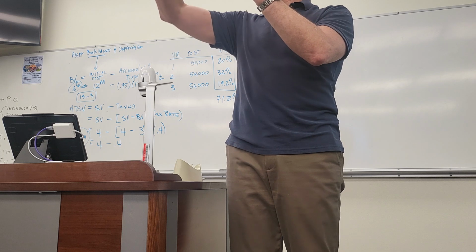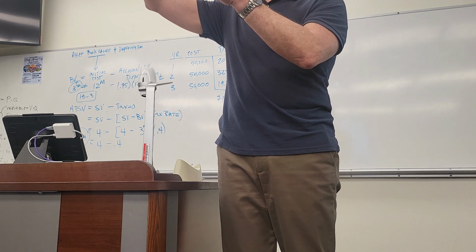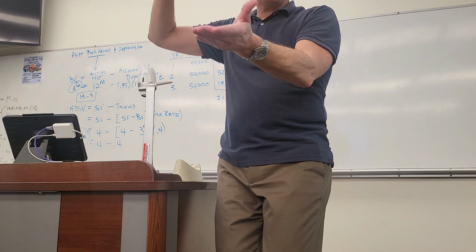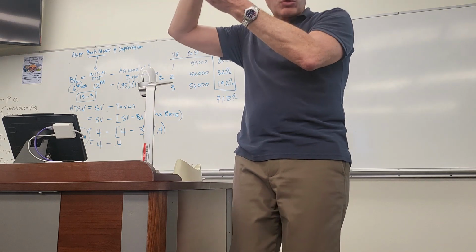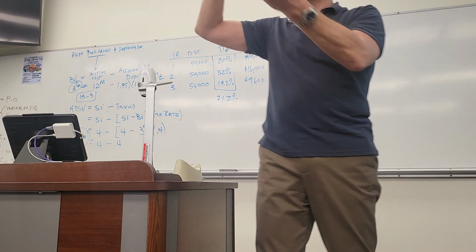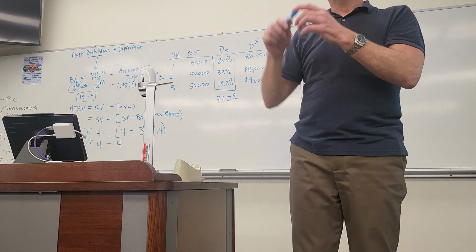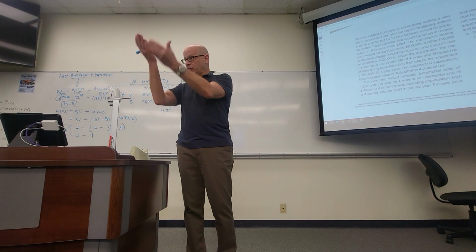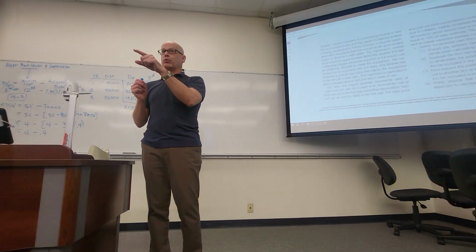Riskier projects should have a higher required return, right? Remember that? It's not just divisions, but even projects, if they're riskier, they have a higher hurdle rate to get over, and if they're less risky, a lower hurdle rate. So that's one way to adjust for risk, the discount rate.